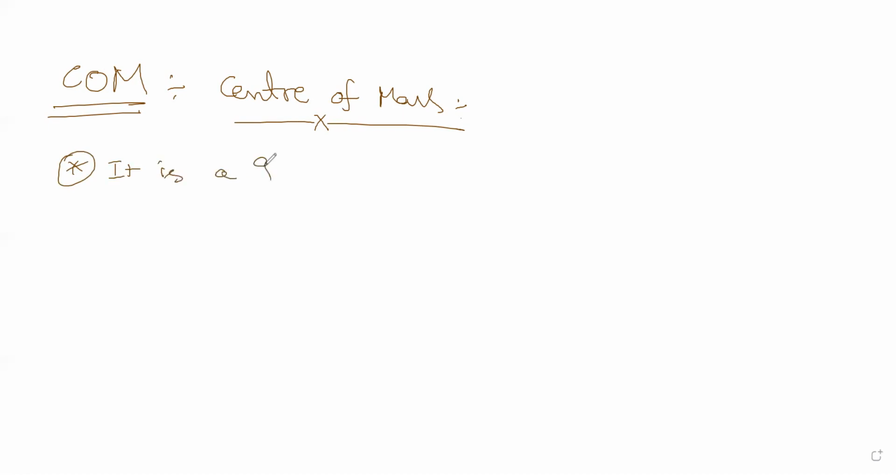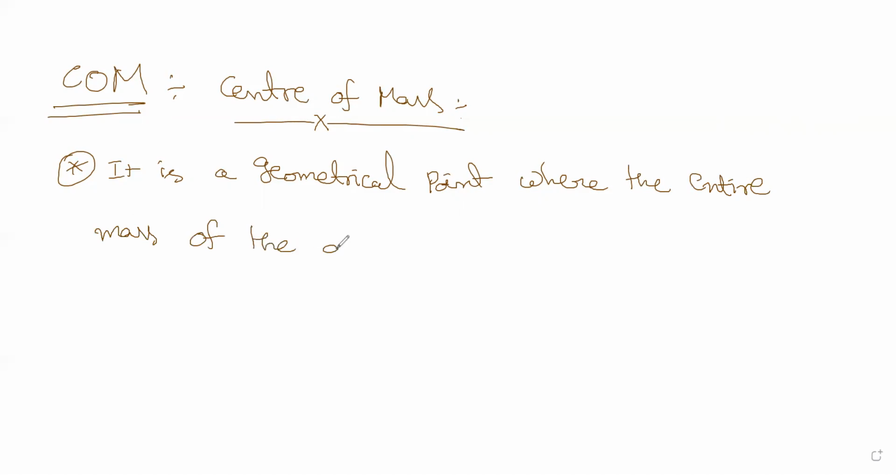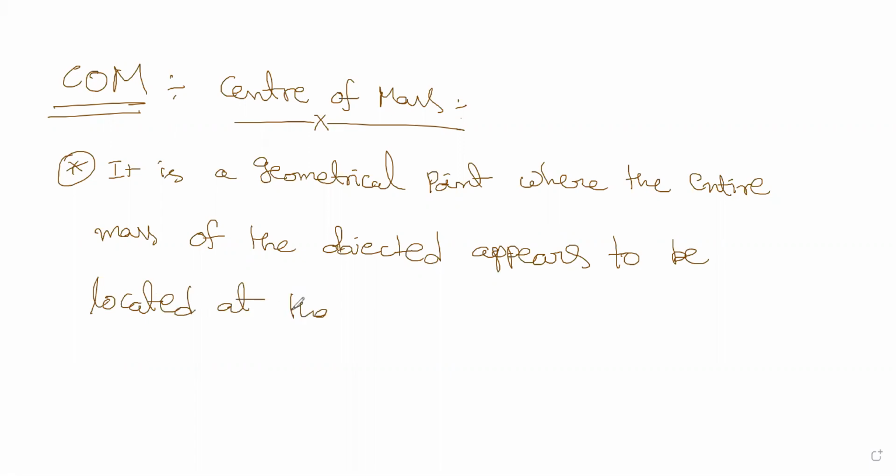It is a geometrical point where the entire mass of the object appears to be located at that particular point. This is most important. That's what the center of mass is. Center of mass is actually a geometrical point.